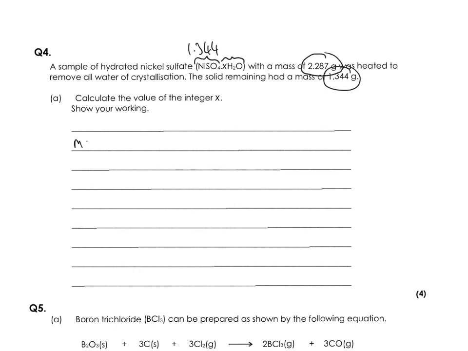So the mass of nickel sulfate in that sample is 1.344 grams, so therefore the mass of the water in that sample must be 2.287 take away 1.344. So that equals 0.943.